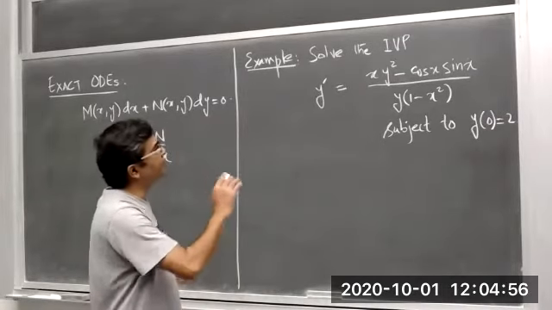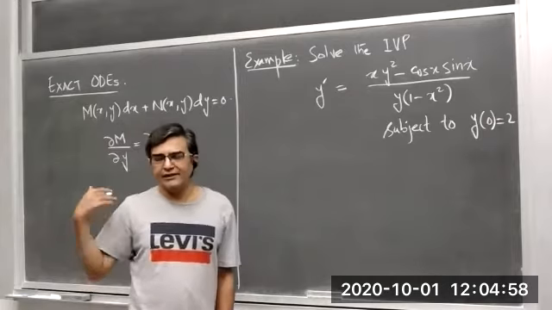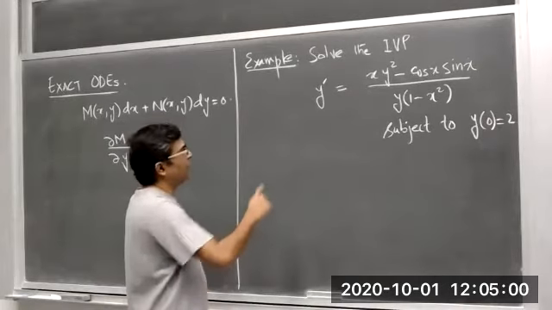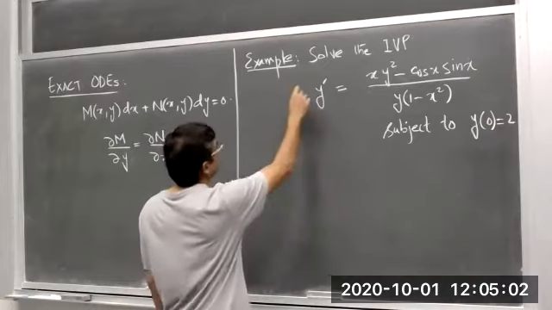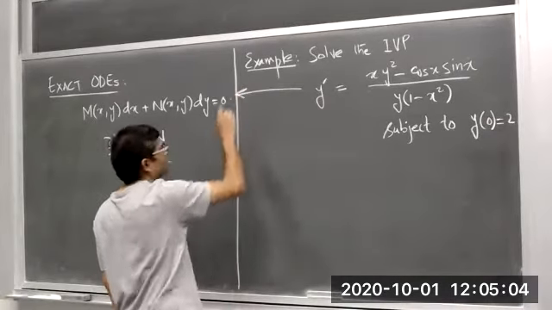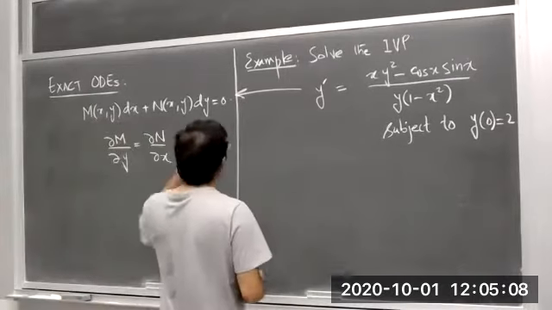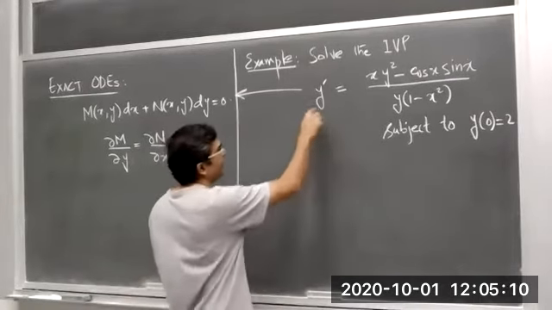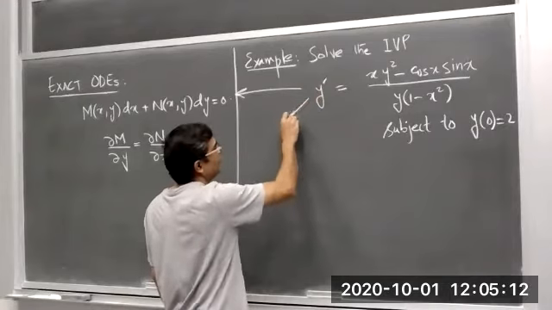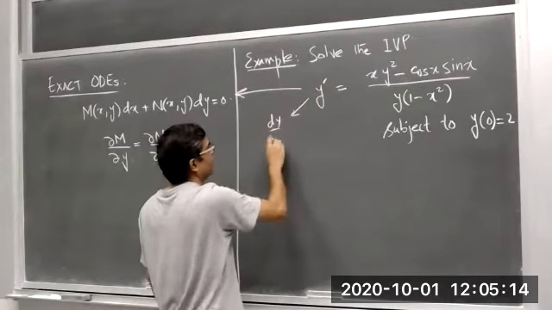If we want to solve this differential equation using the exact technique, we first have to write it in this form, splitting the differentials dx and dy. So y' is dy by dx.